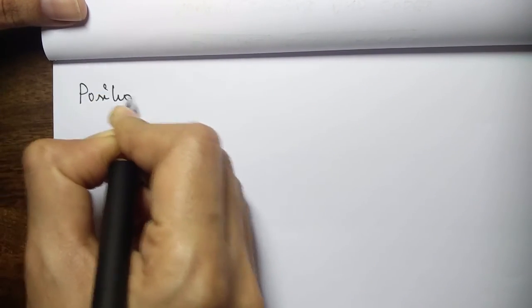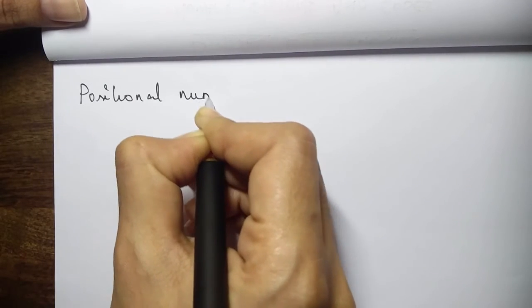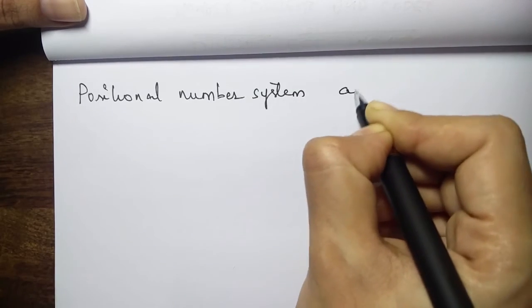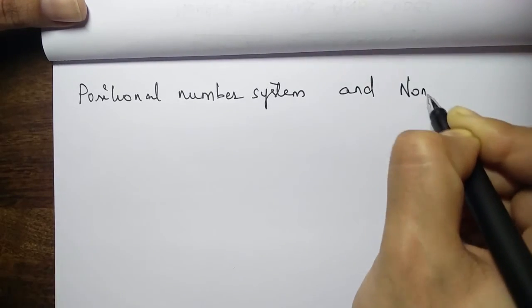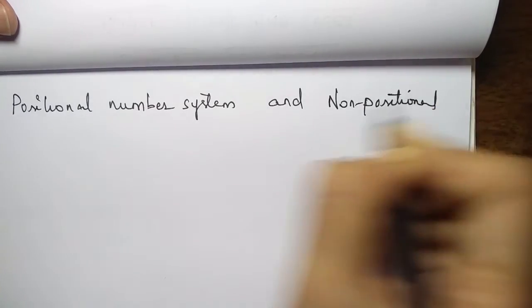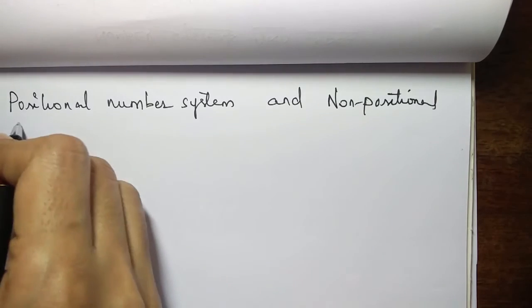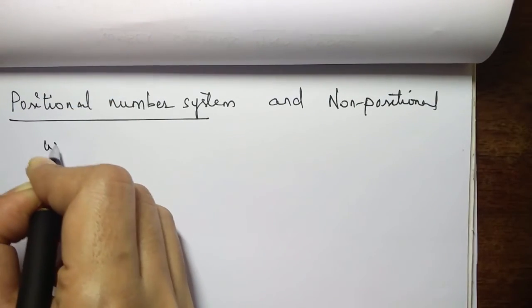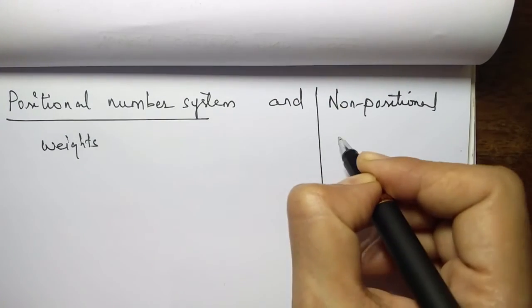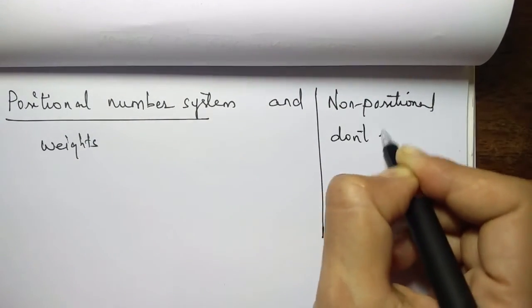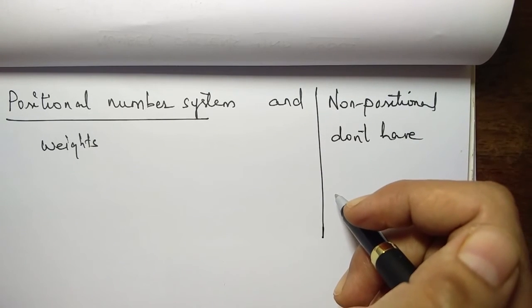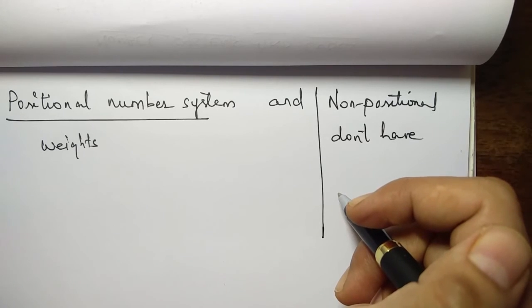Positional number systems have weights and non-positional number systems don't have weights. Weights to what? Weights to the digit in a specific position from LSB to MSB.